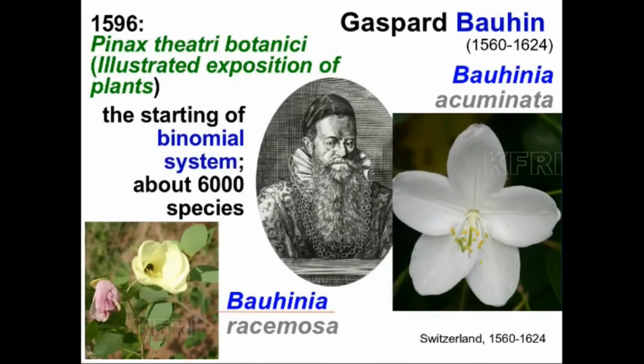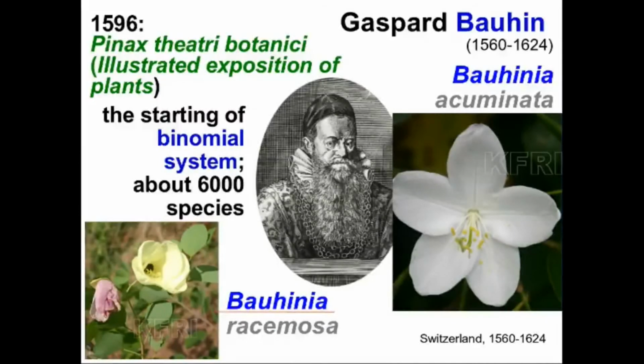You may be thinking about Linnaeus. Yes, Linnaeus made a major contribution in framing the binomial system, and we are still following the system of Linnaeus. That's why he has been rightly called the father of taxonomy.